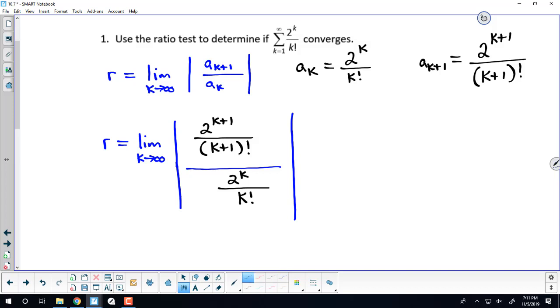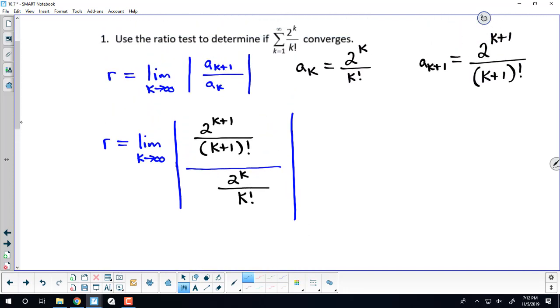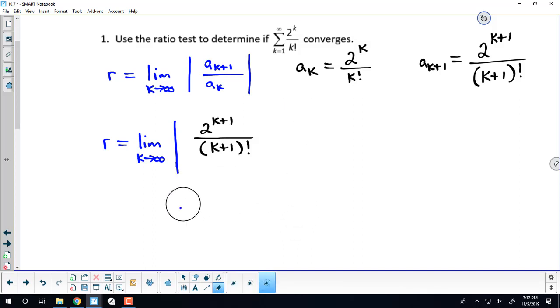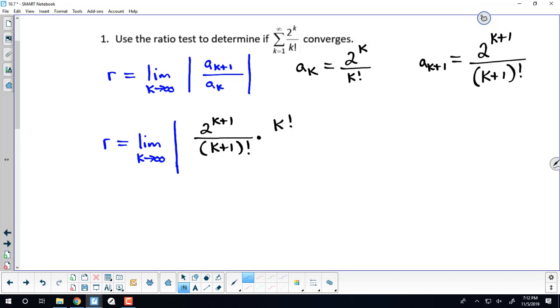To save space, I'm going to erase this here and just multiply by its reciprocal. So there's a sub k plus 1 multiplied by 1 over a sub k, or the reciprocal of a sub k.